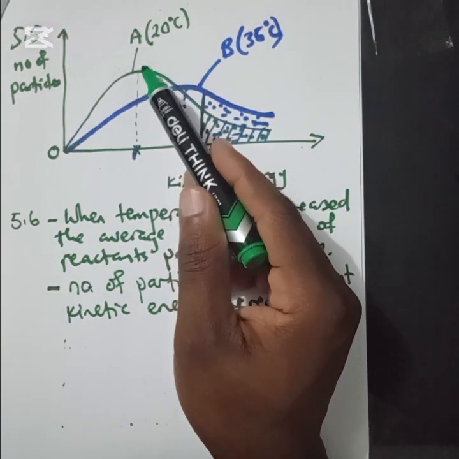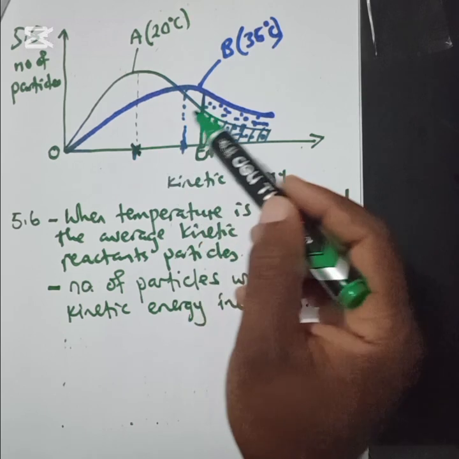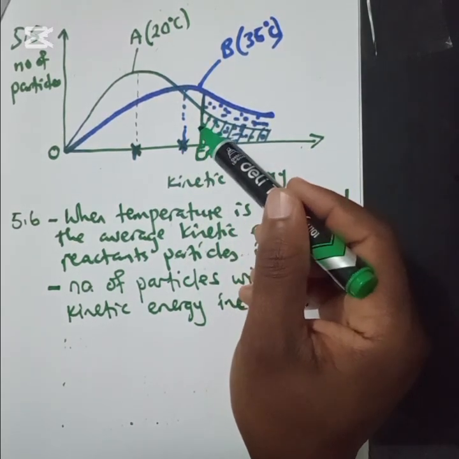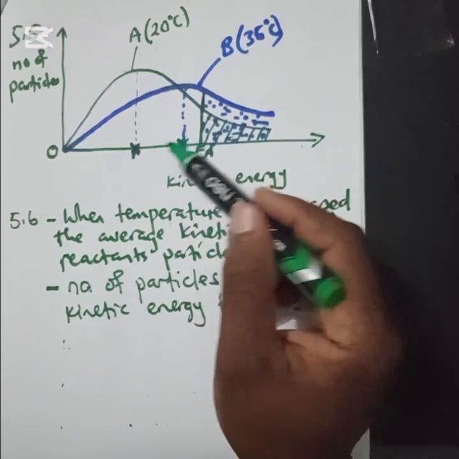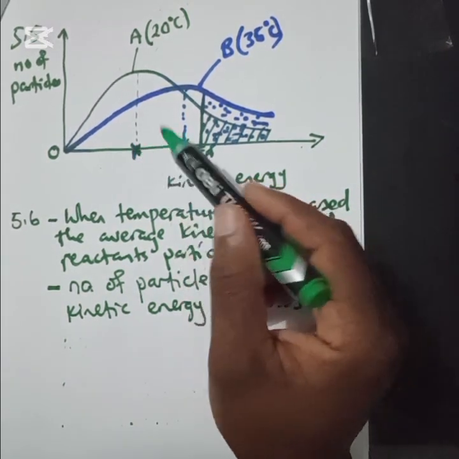You see here at a lower temperature, this is the average kinetic energy. At a higher temperature, the average kinetic energy is now increased. That's where the first point is coming from, an increase in average kinetic energy due to the increase in temperature.